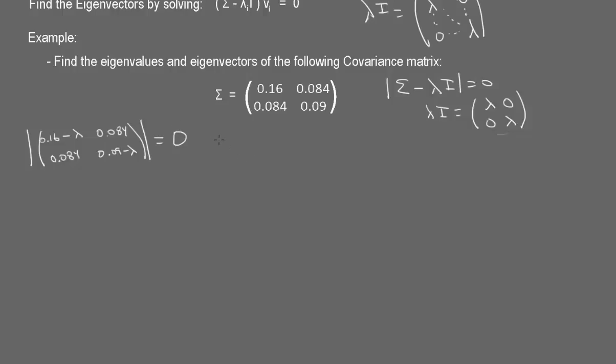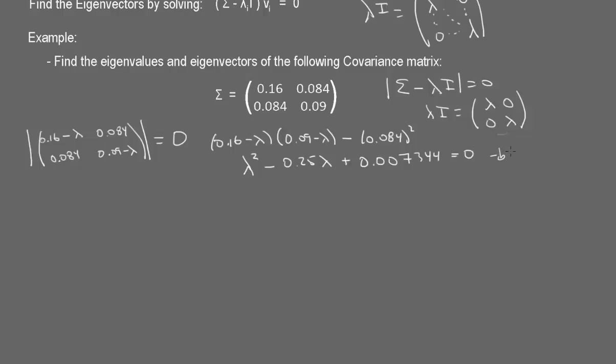So now we simply solve the determinant: 0.16 minus lambda multiplied by 0.09 minus lambda, minus 0.084 squared. Now we can rearrange this to get lambda squared minus 0.25 lambda plus 0.007344, and we set that equal to 0.